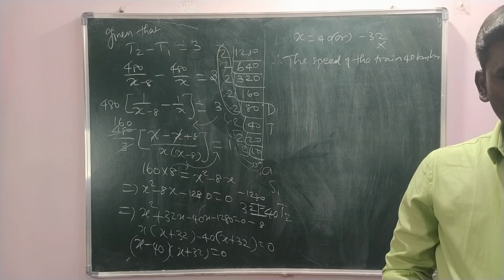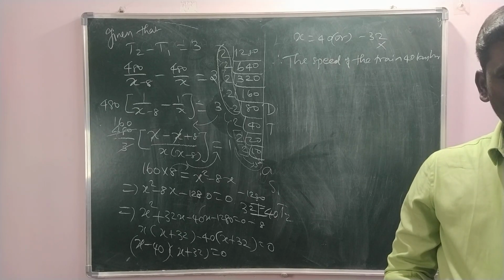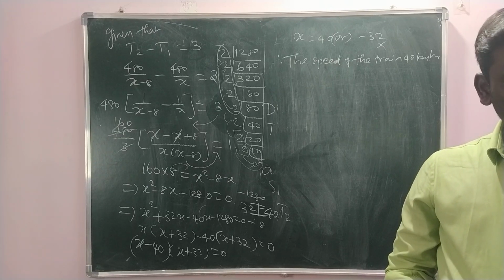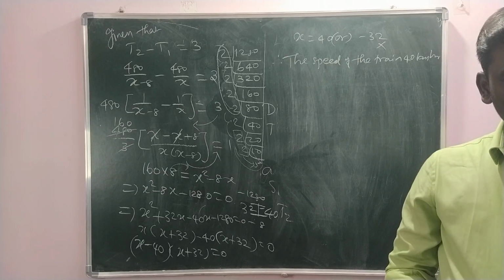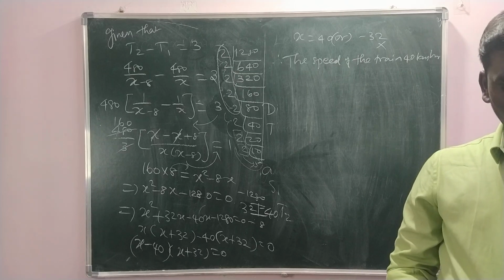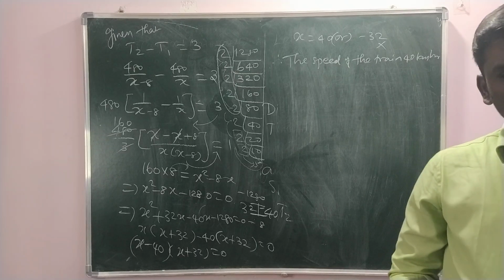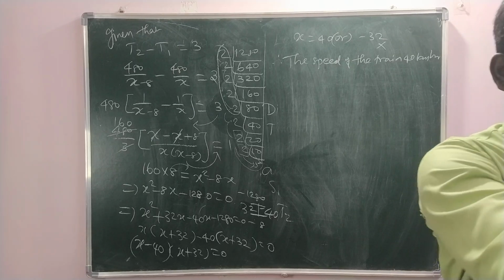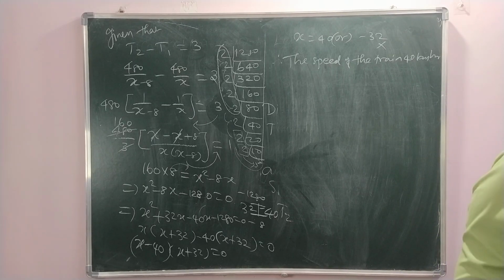Okay, then priority 1, 5 mark question. It was there, man. I have found it. Just a minute. 6 km per hour. That question was there, is it?